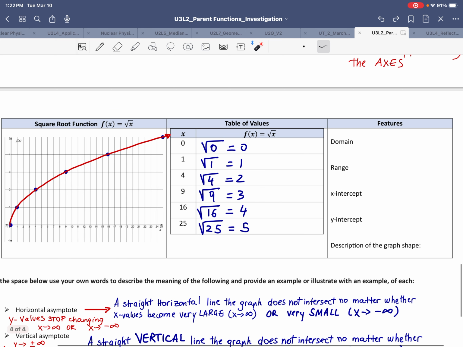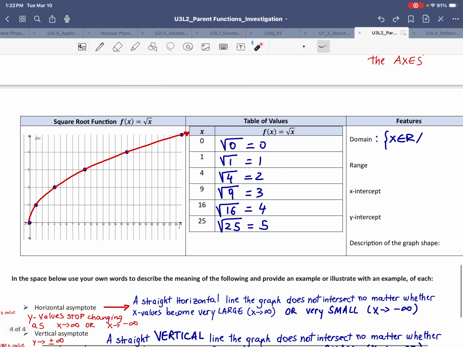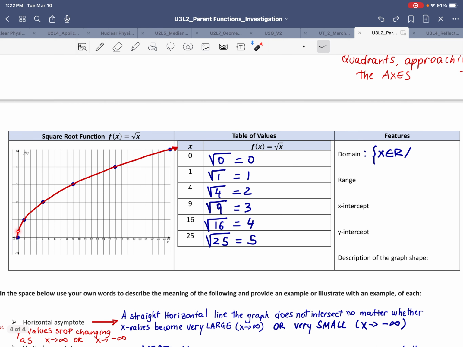For the domain of this function, we're going to say that the domain is any real number x, and we say this because there are so many values of x, but we want the values of x to be greater than or equal to 0. Next we're going to look at the range. You can see that the y values are also greater than or equal to 0.